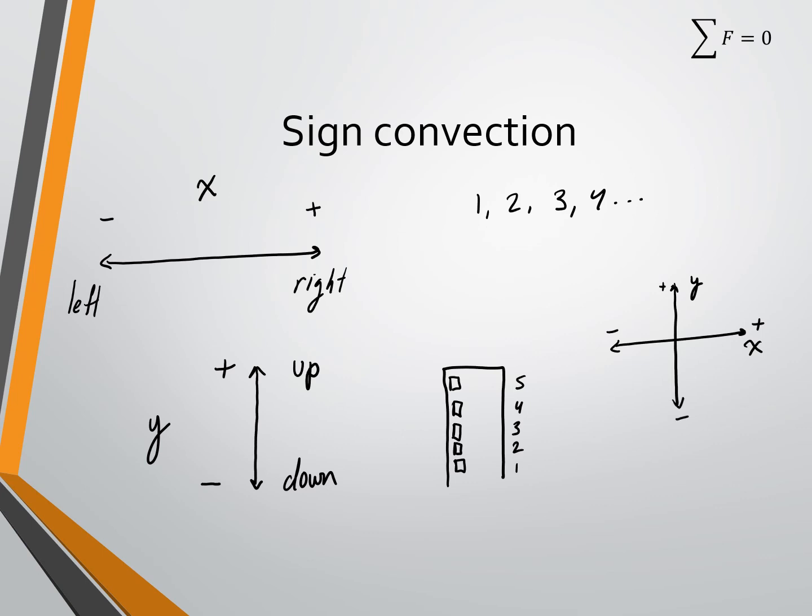For those of you who are a little bit more comfortable with math, this is a way we can remember our sign convention. For those of you who are not, we can use the stories of a building, and in our society, to the right is an increasing number of numbers. So this is what we are using in this class to help us make sure we can add up all of our forces to equal 0.